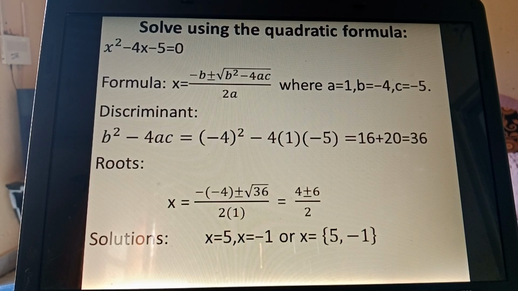Discriminant b squared minus 4ac is equal to negative 4 squared minus 4 times 1 times negative 5, which is equal to 16 plus 20, which is 36. Therefore, the roots are x equals 4 plus or minus 6 over 2, and the solutions are x equals 5 or negative 1.